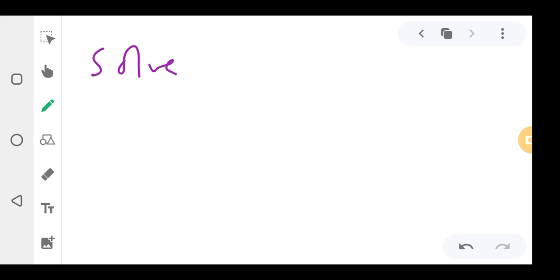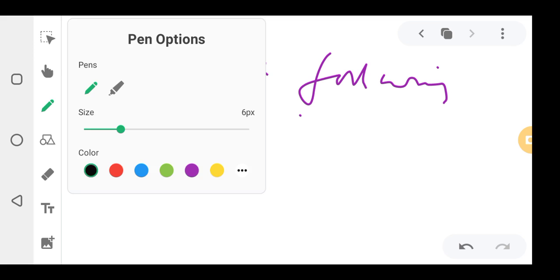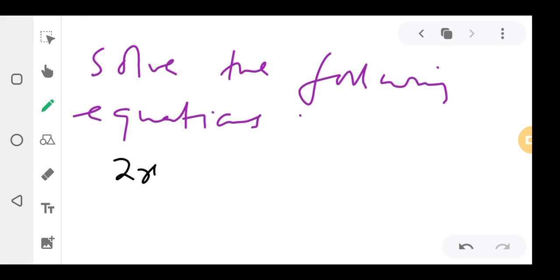So solve the following equations. Okay, sometimes they'll say solve for x. They will not say equation. So 2x minus 4 is equal to 8. That's the first question.